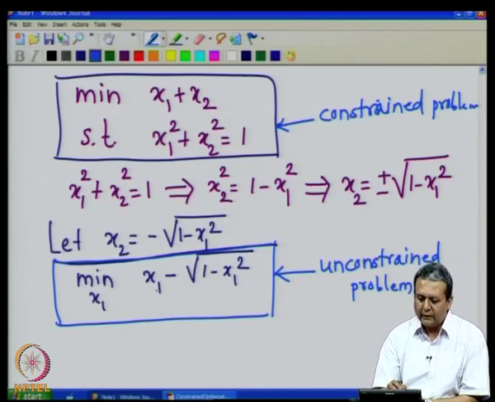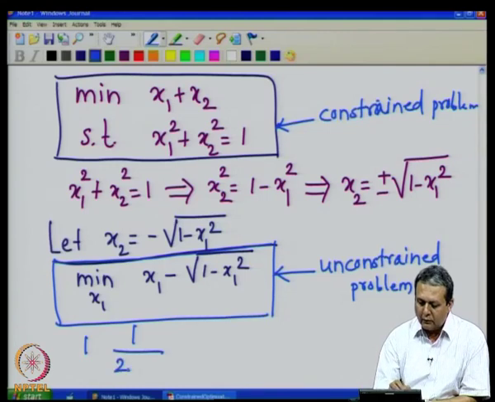Now, if we take the derivative of this objective function, what we get is 1. The derivative of root of 1 minus x1 square is 1 over 2 root 1 minus x1 square into minus 2 x1.